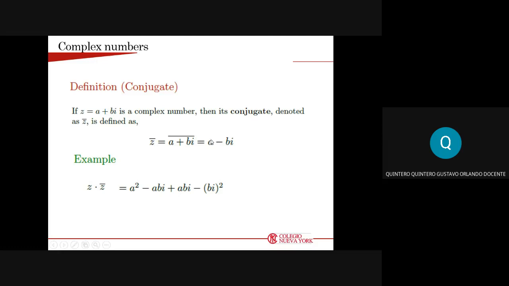Those are the inners. Okay. abi. Simple. And then last. So bi times negative bi. Positive times negative will be negative, and bi times bi is b squared i squared.